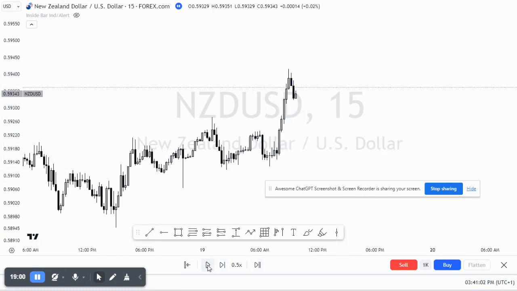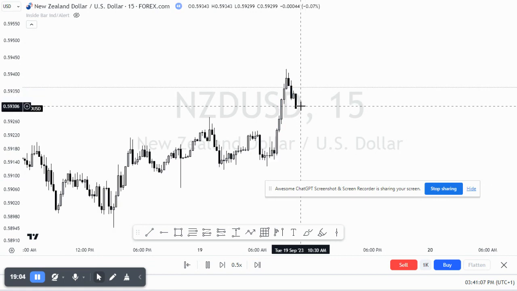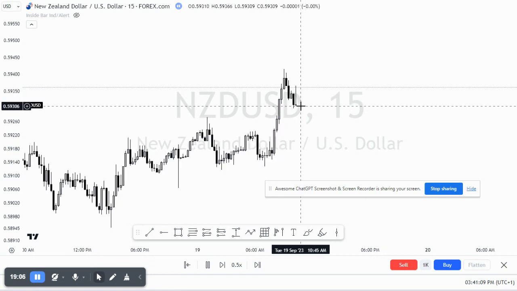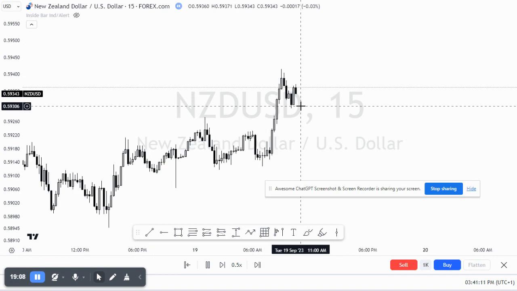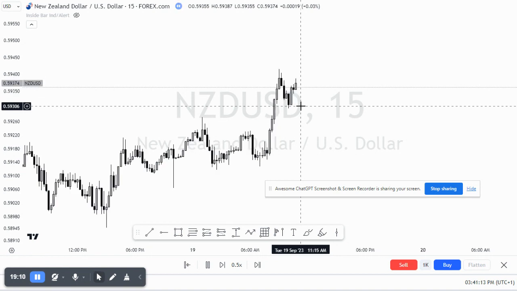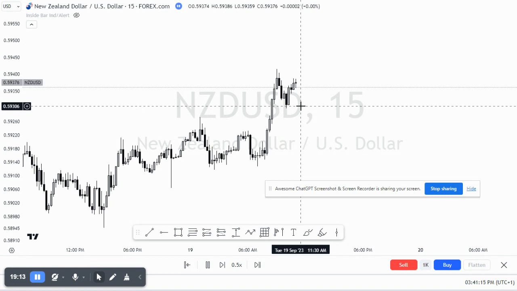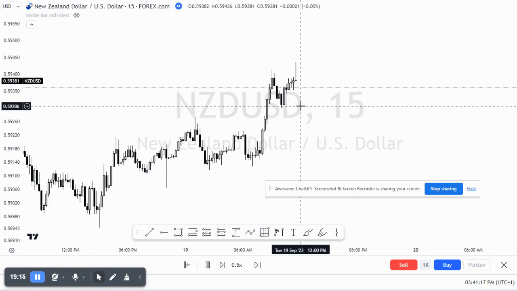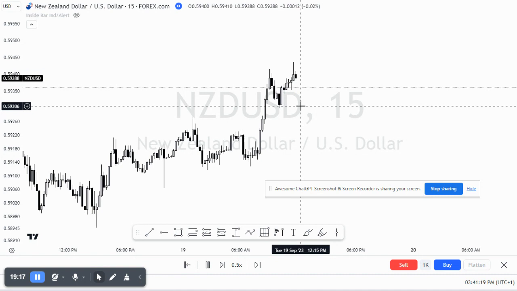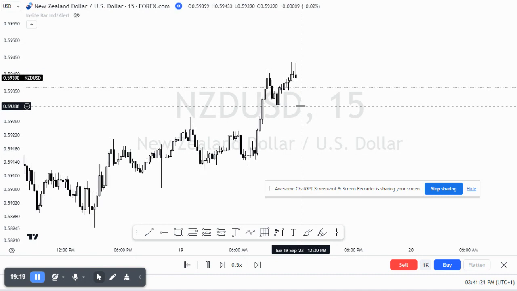So we keep watching, a valid pullback, and the market continues going higher and higher, and so on and so forth.